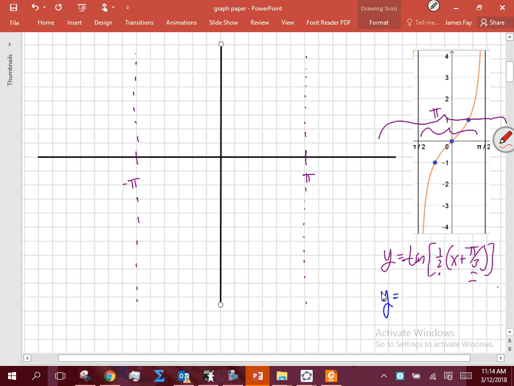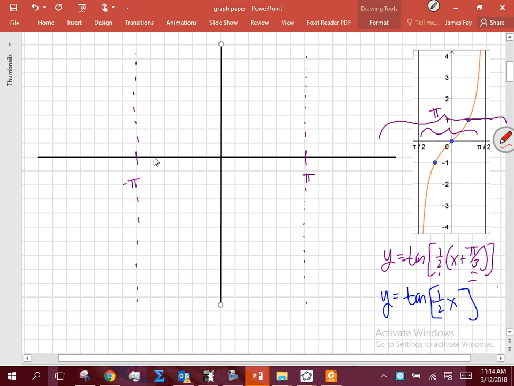I always graph, no matter what trig ratio I'm dealing with, sine, cosine, tangent, secant, cosecant, whatever, I just graph it without the horizontal transformation first. Okay? But I do it really light, because then once I do it really light, I then say, okay, now that I have that image, can I then move every part of that image left or right, however far I need to? Okay? So I'm going to graph that blue one first. Okay? I'm going to graph everything except for the left or right movement.